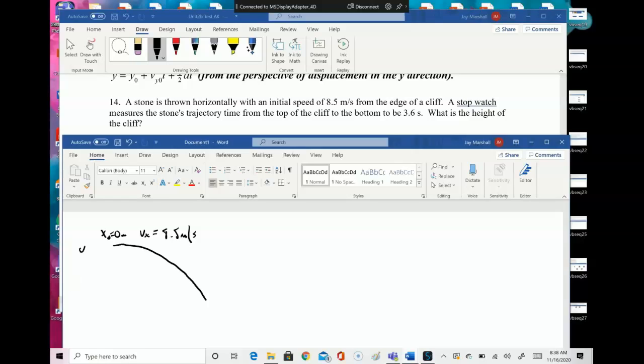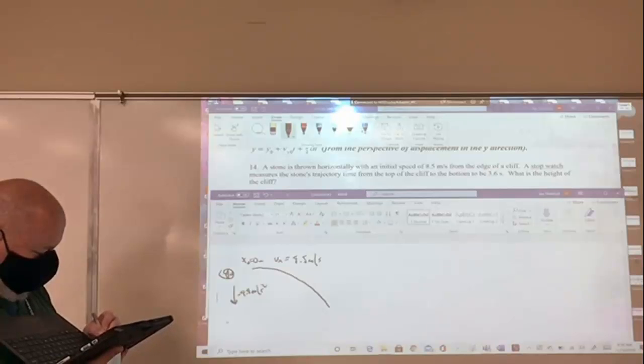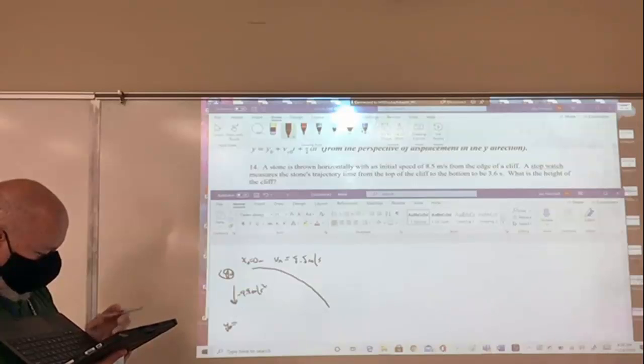You don't know what y0 is. That's what you're trying to find, right? Trying to find y0. And you know that it's going to be accelerated at negative 9.8 meters per second squared. You know that your final y position is going to be 0.